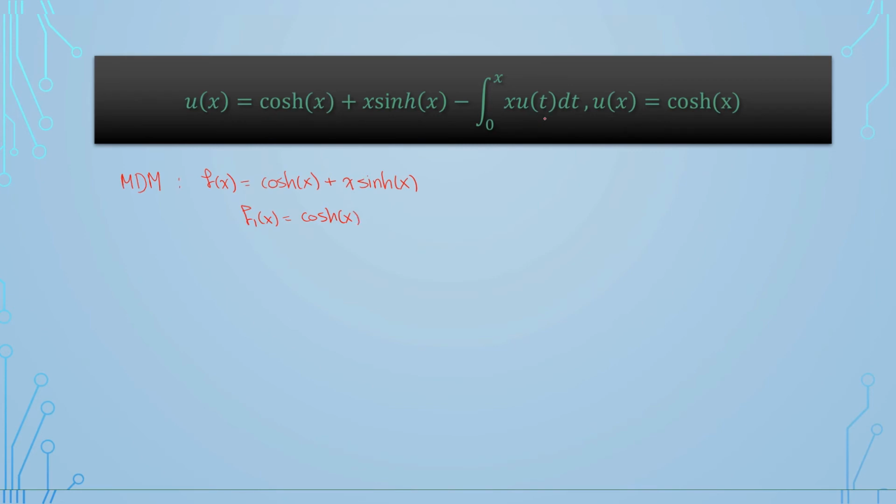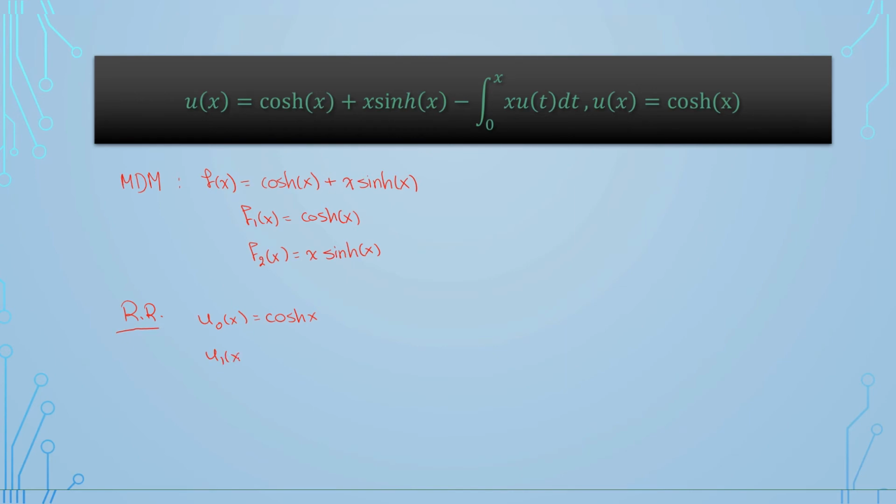If we plug it here inside the integration, it will be easy to integrate. So let's try it. f2 of x will be equal to x sine x. Our recurrence relation will be u naught of x equal to f1 of x, which is cosine x.